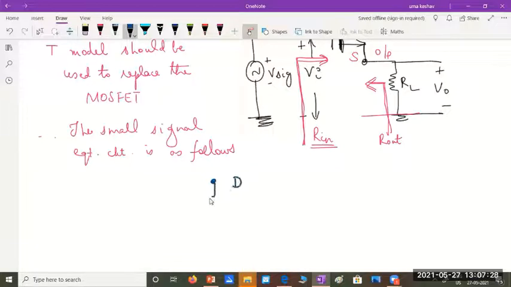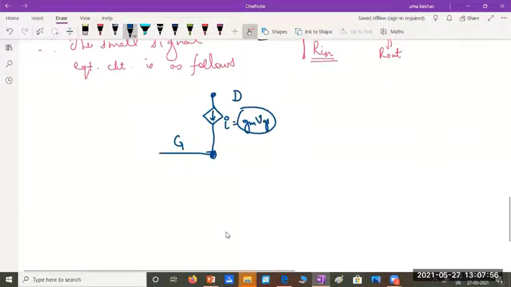From drain to gate, what should I have there? Between drain and gate, I should have a dependent current source of value I. Remember, this I is nothing but Gm into VGS. Anyway, we'll just simply write it as I in the T model.